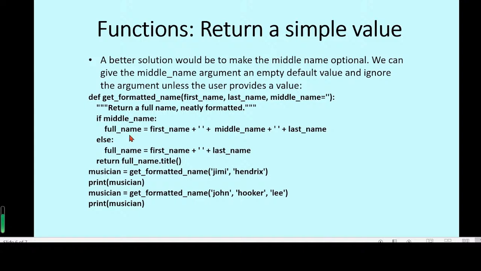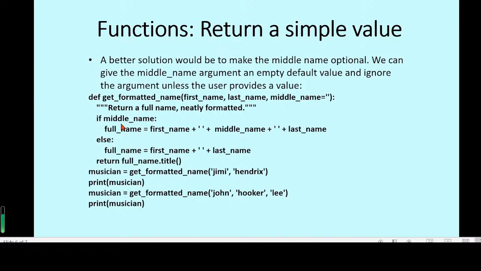Then inside the function, we use an if-else test. So if middle name means if the middle name is not empty, which means the user inputs some middle name, then the full name is the concatenation of these three names together.